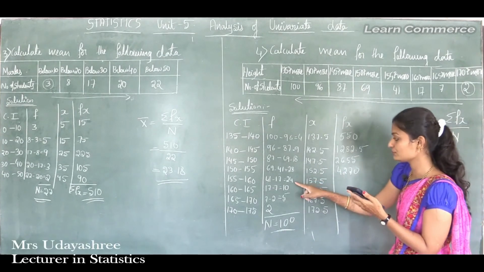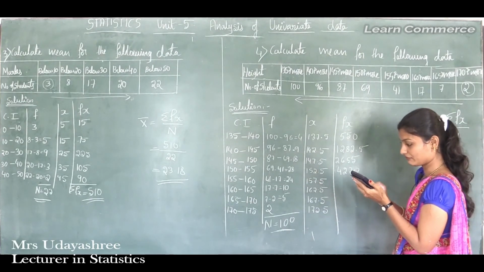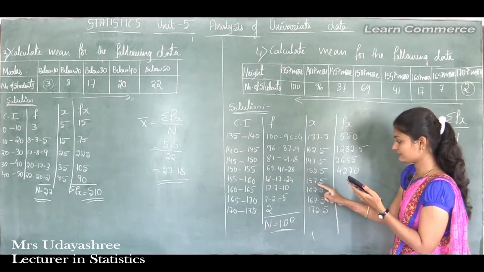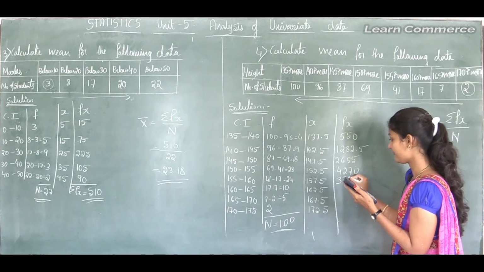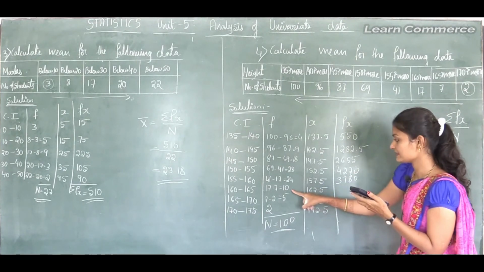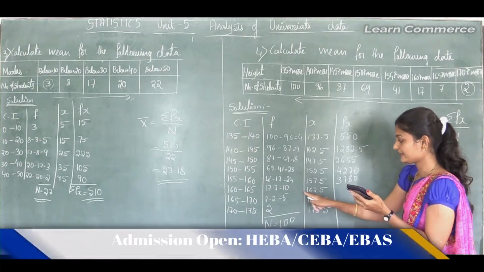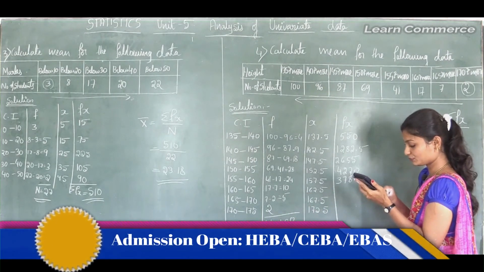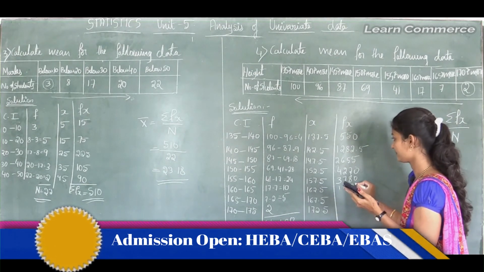Okay, next we need to do 24 into 157.5, that is 3780. Okay, next 10 into 162.5, that is 1625.